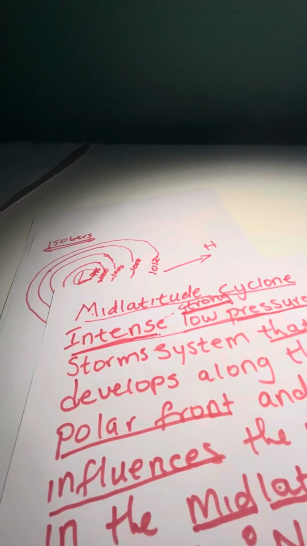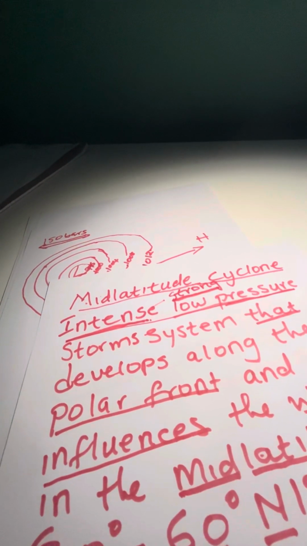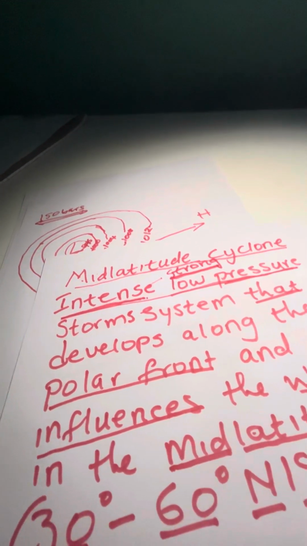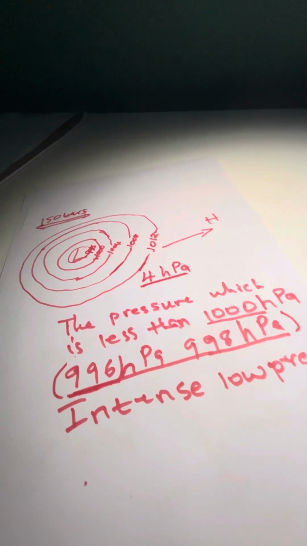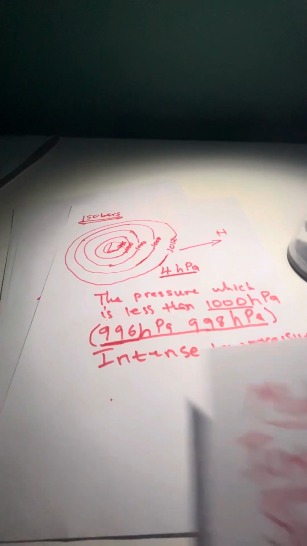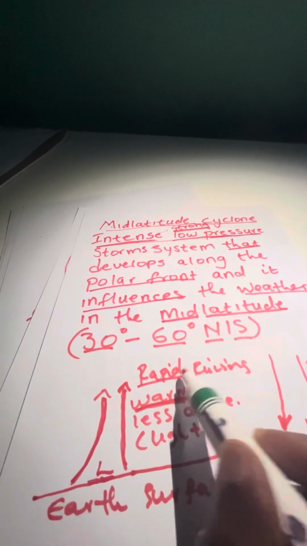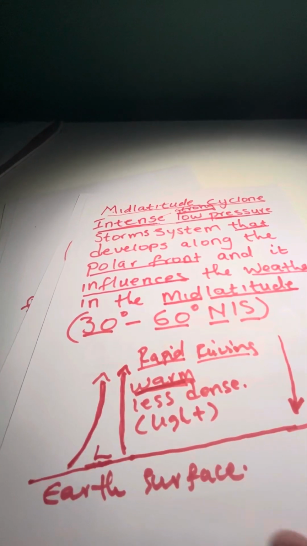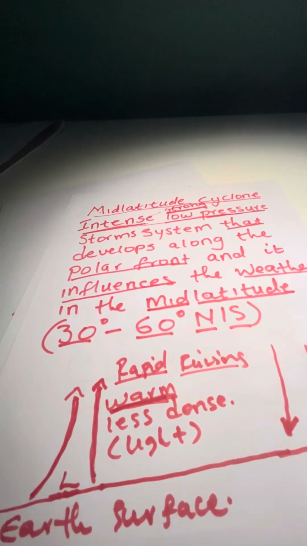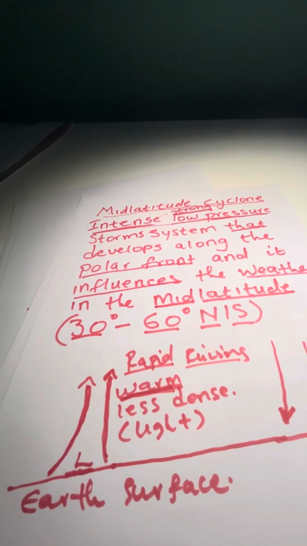So if someone asks you what is making this pressure strong, the simple answer: the pressure is becoming strong because of quick rising of warm air, or rapid rising of warm air. Your pressure will be intensified.